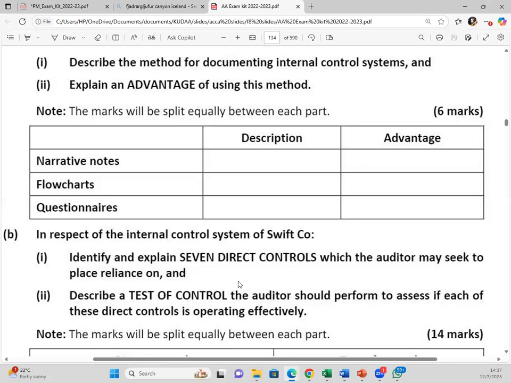Okay, so the question is asking for direct controls.